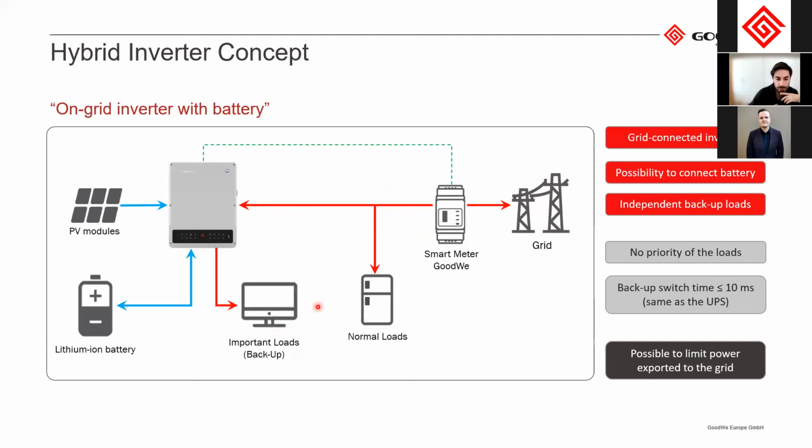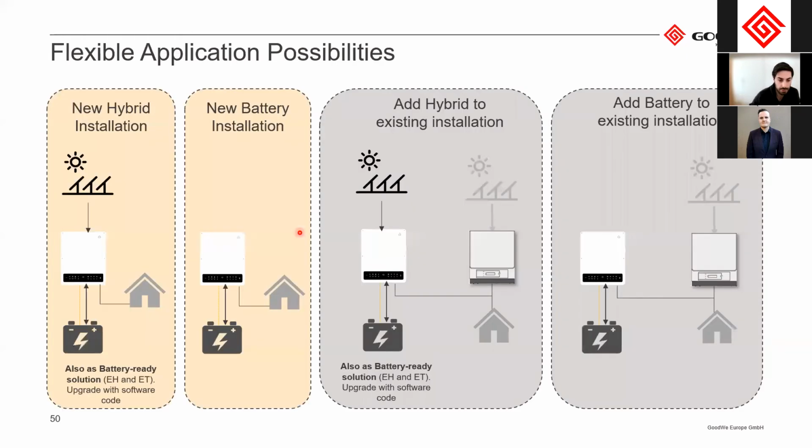So there's no difference between the loads when the grid is on. When the grid fails, these ones will keep on working and these ones not. And the switch time when the inverter disconnects and keeps on powering these loads is under 10 milliseconds, so it's not noticeable to the human eye.